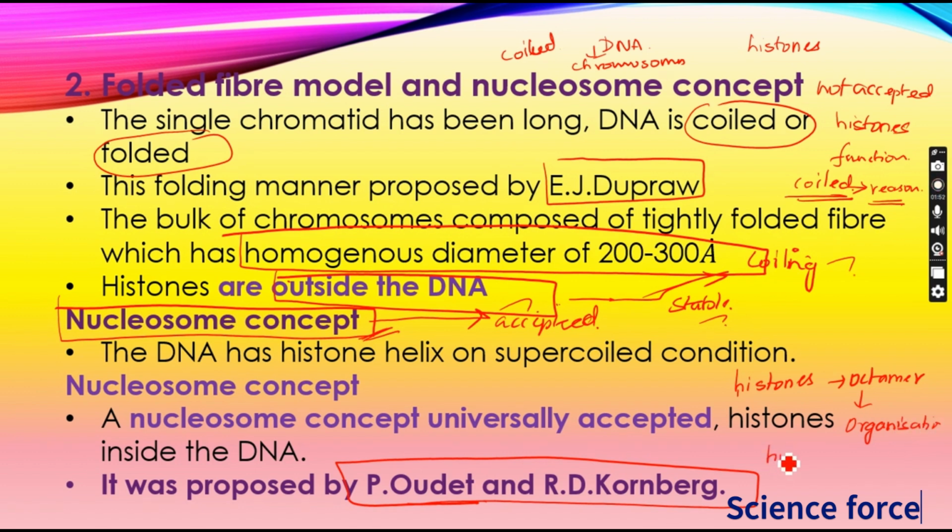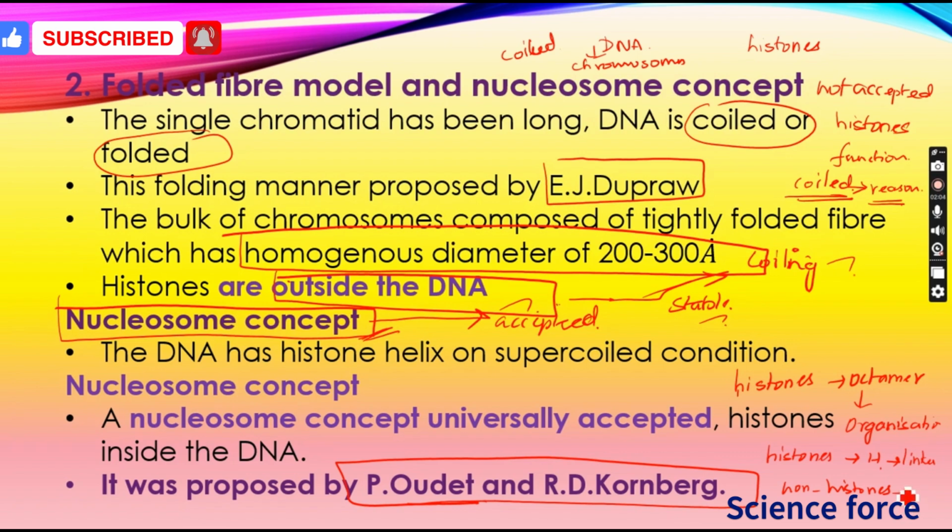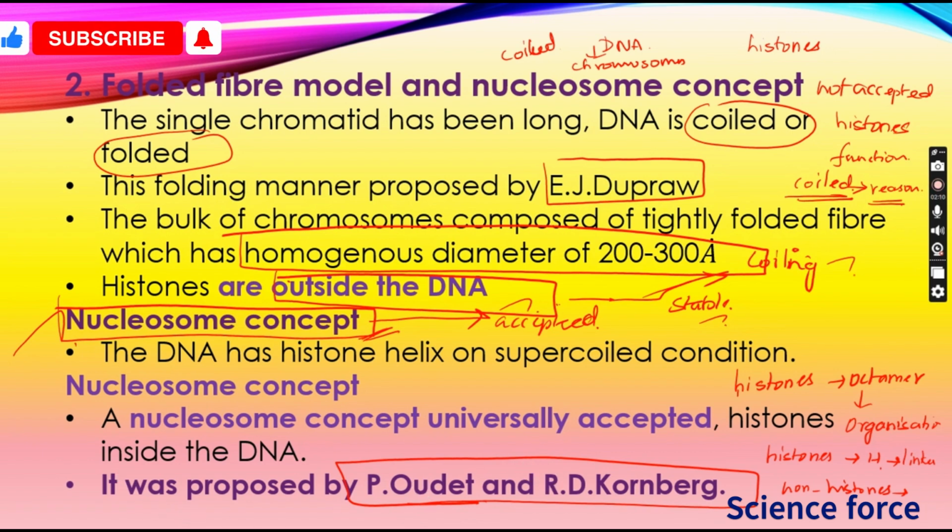Then histone H1 is found outside as a linker, and non-histones are also present, which make further organization. These are all explained by the nucleosome concept. So the nucleosome concept is an accepted model.